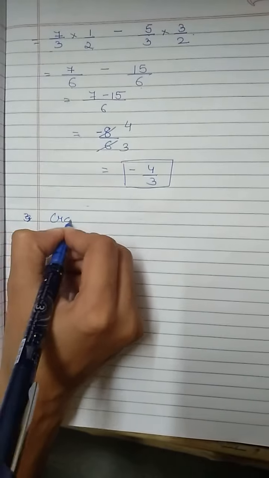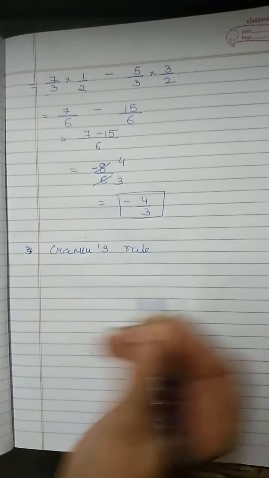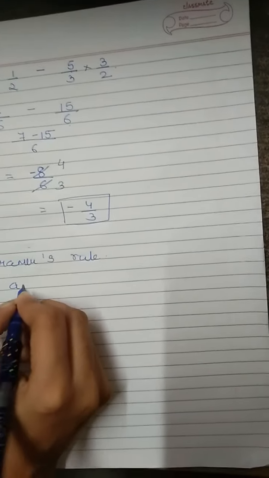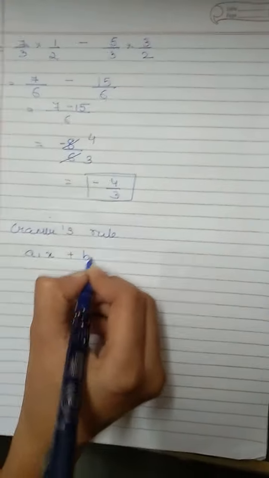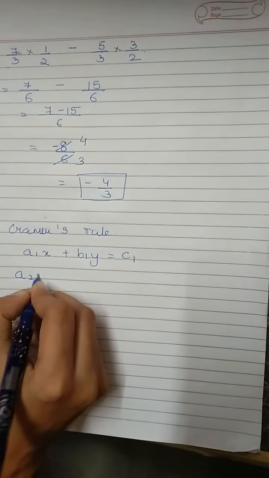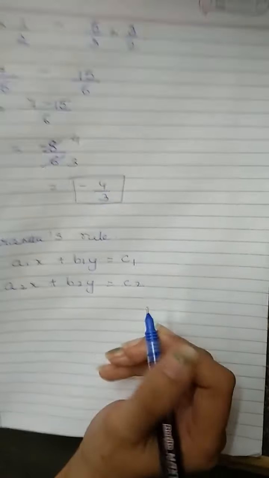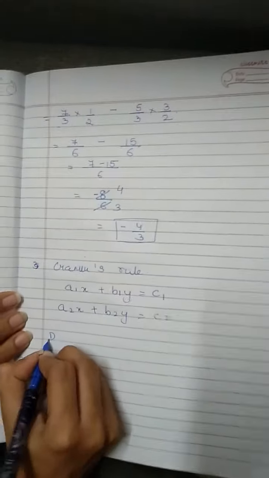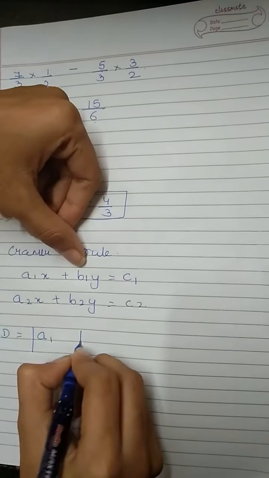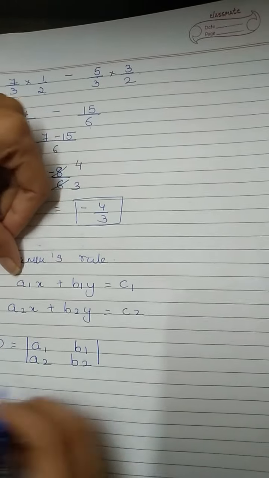Now let us see Cramer's rule. Let us consider two equations: a1x plus b1y is equal to c1, and a2x plus b2y is equal to c2. D is equal to the determinant a1 b1 a2 b2.